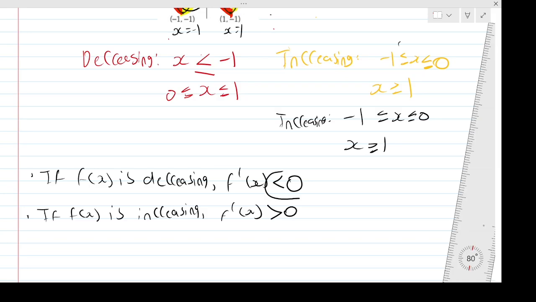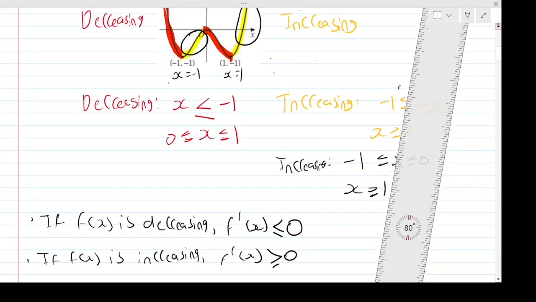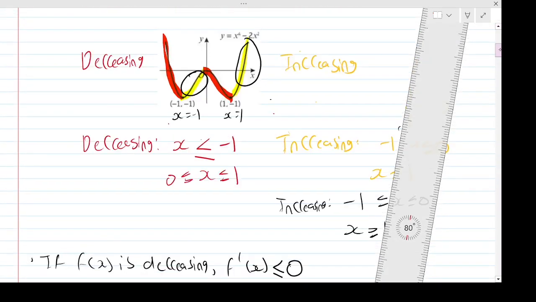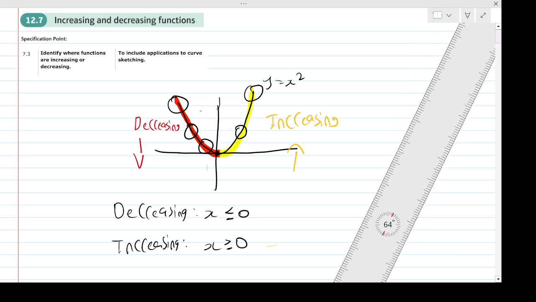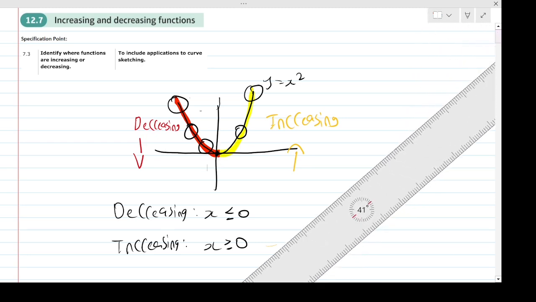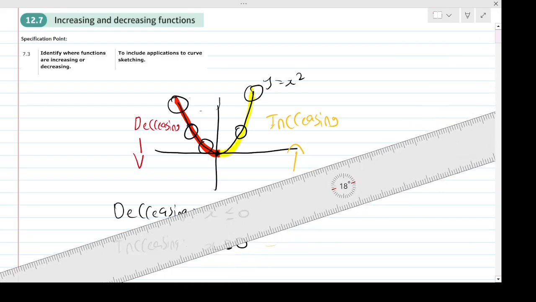But actually, I could also include 0 as well, because 0, as we saw, is a special point. We will be looking at that point. So 0 here at the origin, as we saw, the tangent was exactly 0. It was completely flat, right? So it's not increasing nor decreasing exactly, so we can include it as either or.